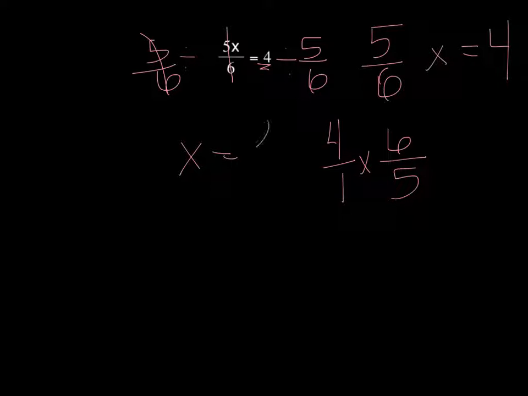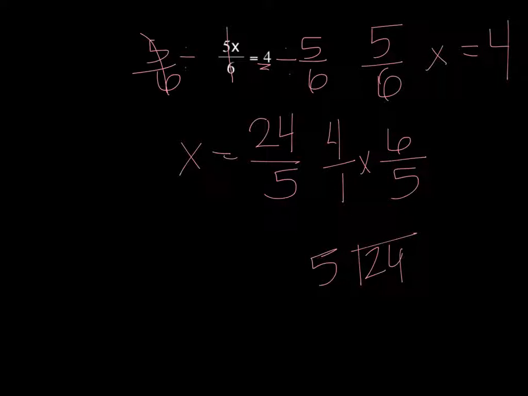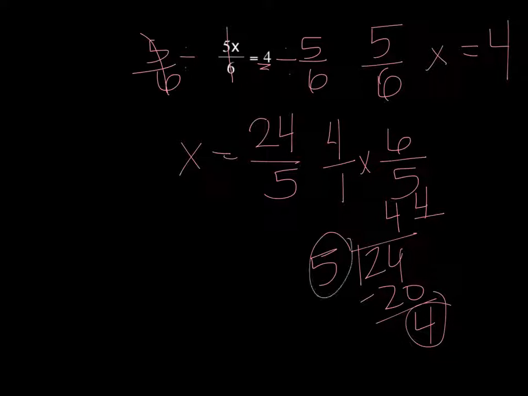So 4 times 6 is 24, over 1 times 5 is 5. Okay. Now I need to do top divided by the bottom. 5 goes into 24 4 times. And I'm left with 4, so my answer would be 4 4/5. So then I would just write over here x equals 4 4/5.